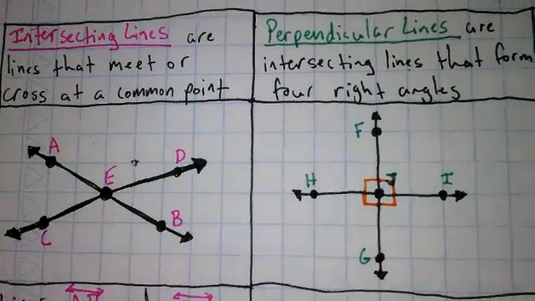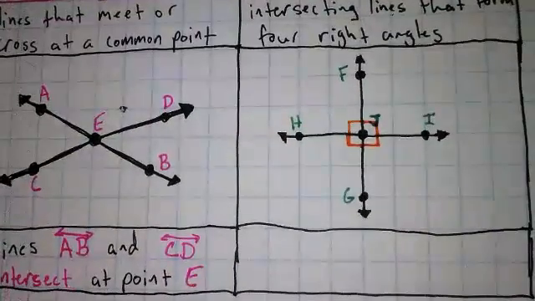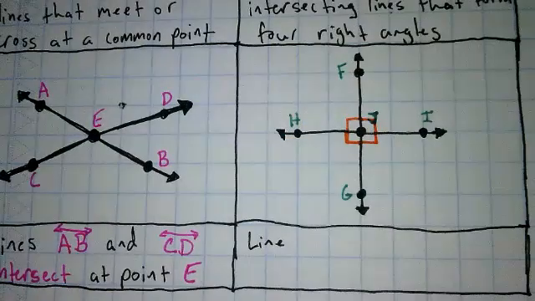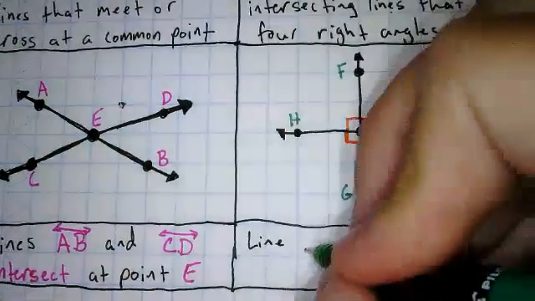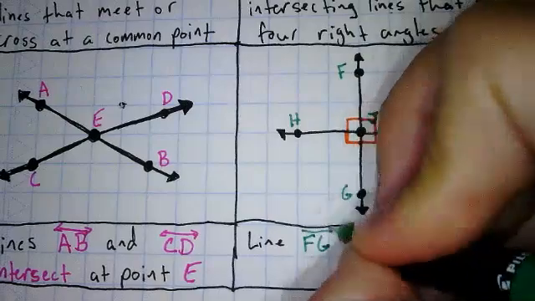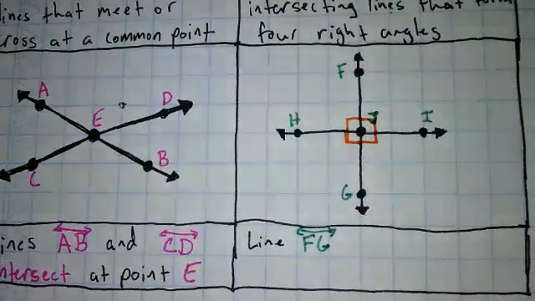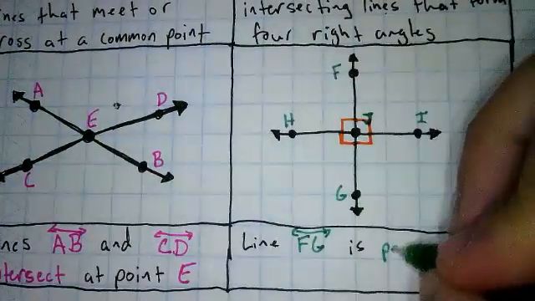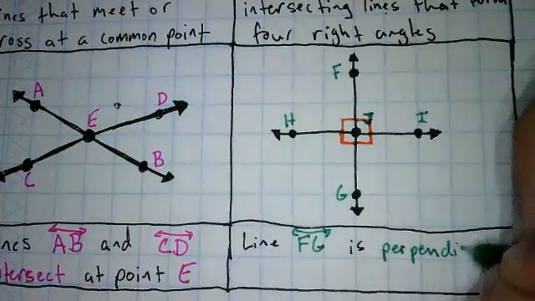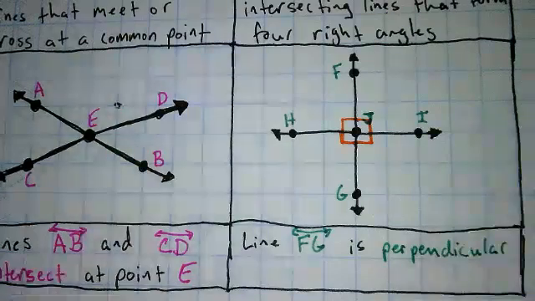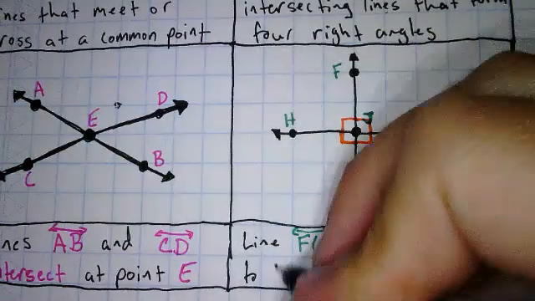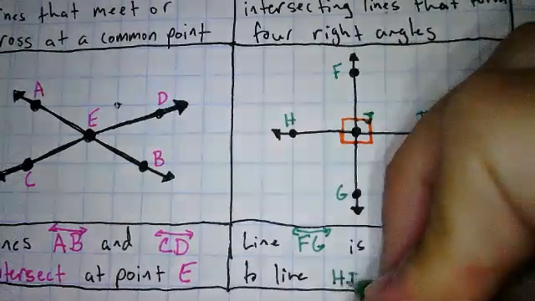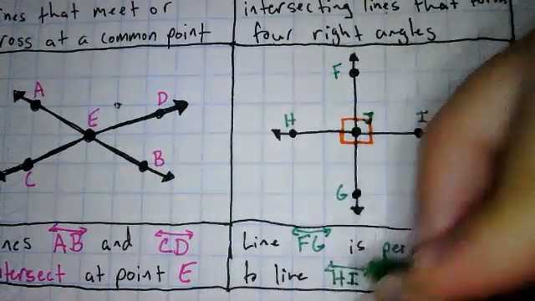So I'm going to write under my picture here that line FG is perpendicular to line HI, right?